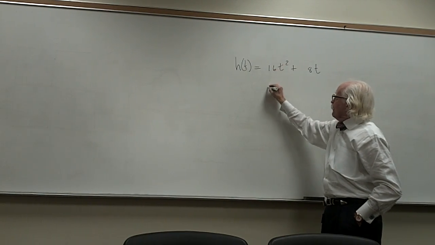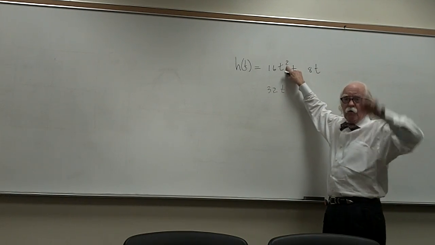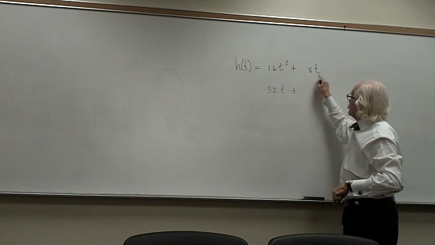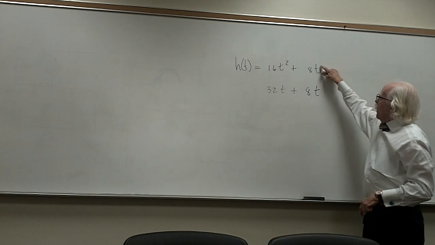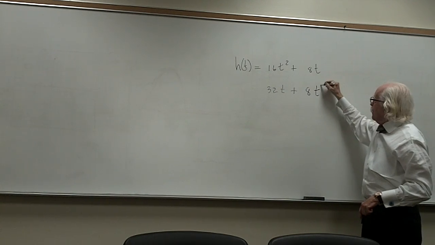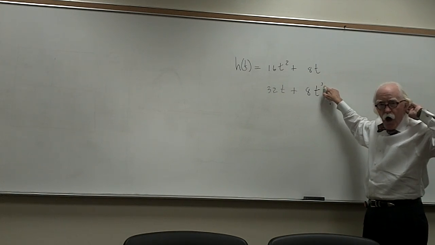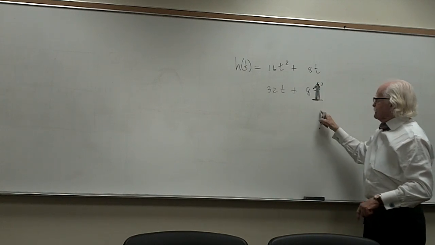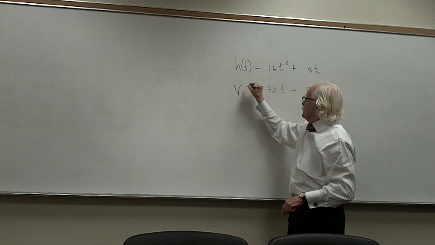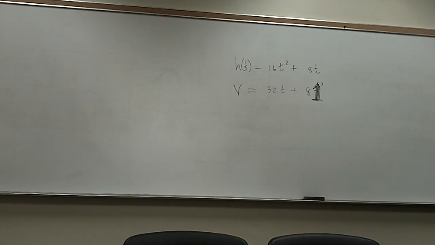If I bring the 2 down, that becomes 2 times 16 is 32. T, take 1 away from that number and you get 1, plus, you take this 1 and put it down in front of the 8, you get an 8, and you take 1 away from this 1, you get a 0, and what's T to the 0? 1. Everybody see that? So there's your answer. That's the velocity. It's 32t plus 8. And all I asked you is how fast was he going after 2 seconds?